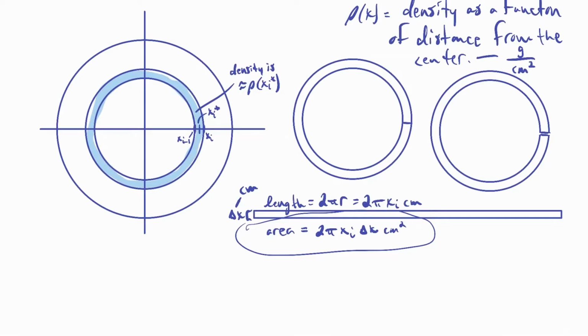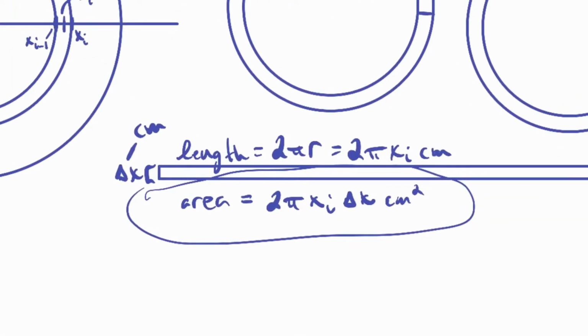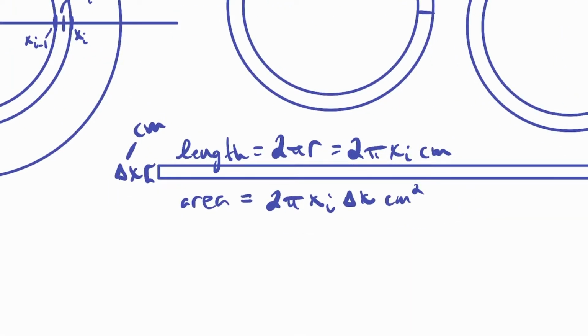So to find the mass of just that section, well, that's just going to be the area times the density. Because remember, the density is in terms of grams per centimeter squared per area unit. So the mass, I guess I'll call that mi, is going to be 2 pi xi delta x times rho of xi star.